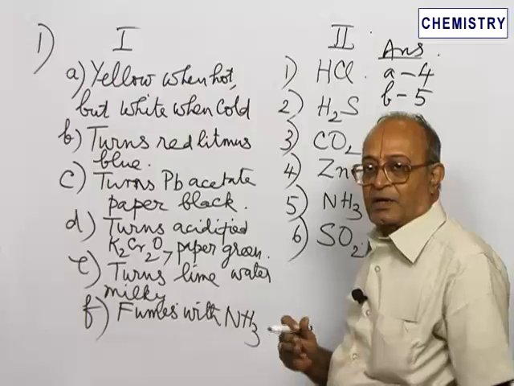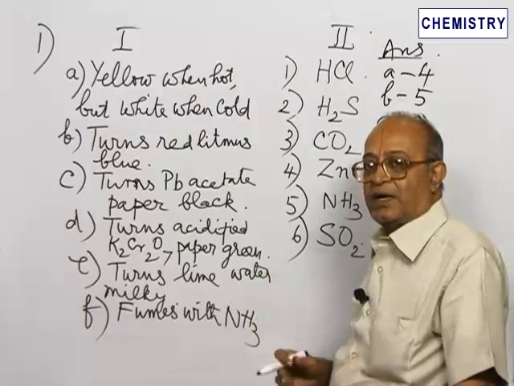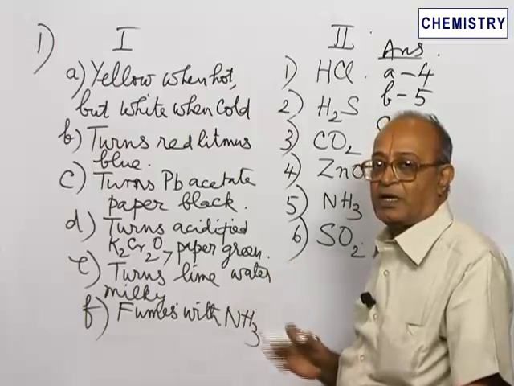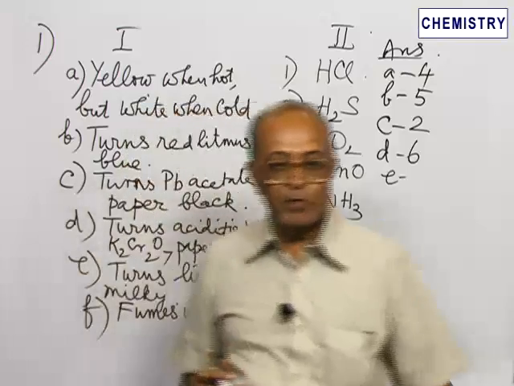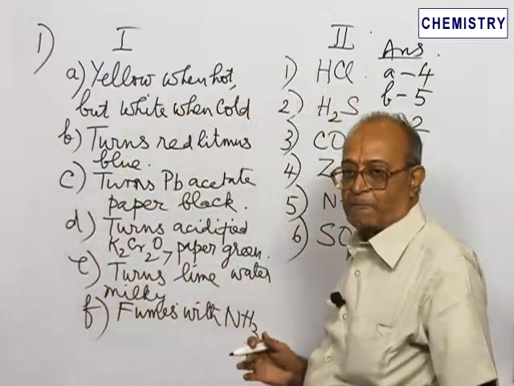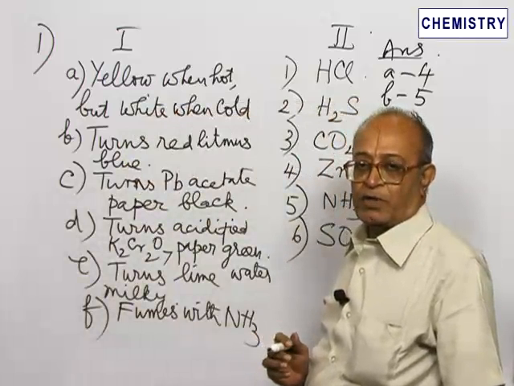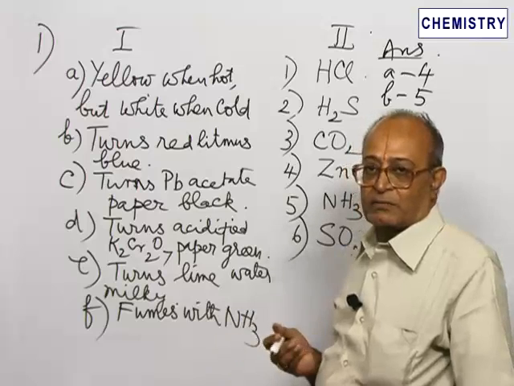Next, it is very easy. Turns lime water milky. A gas which is capable of changing lime water milky. Immediately you will come to the conclusion that the gas is carbon dioxide.